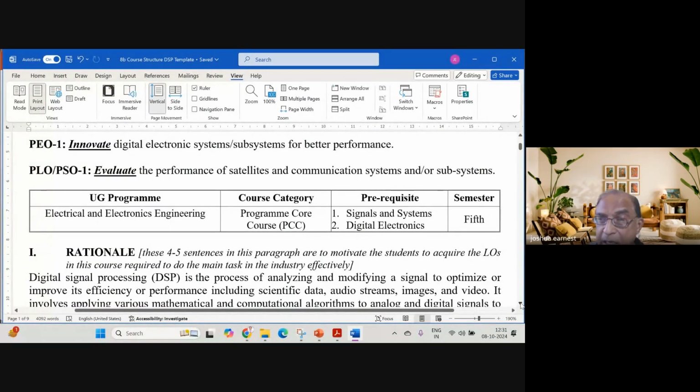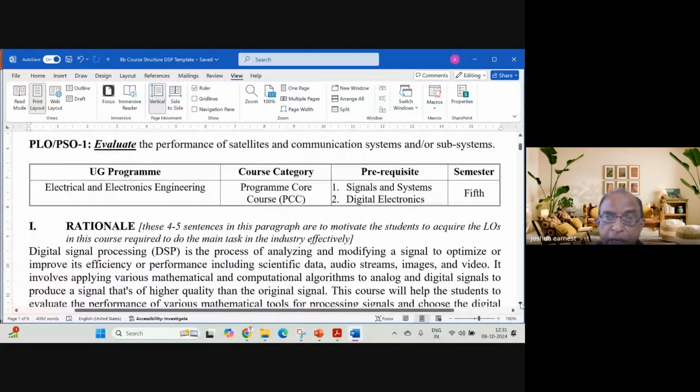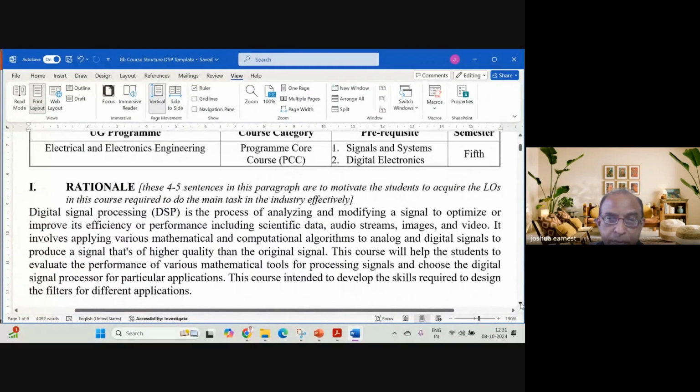The rationale tells the student where this is going to be used. That means these 4 to 5 sentences in this paragraph are to motivate the students to acquire the learning outcomes. In the course structure you have the COs, the PROs, the LUOs, the ADOs. There are different types of learning outcomes. To acquire the learning outcomes in this course is required to do the main task in the industry effectively.